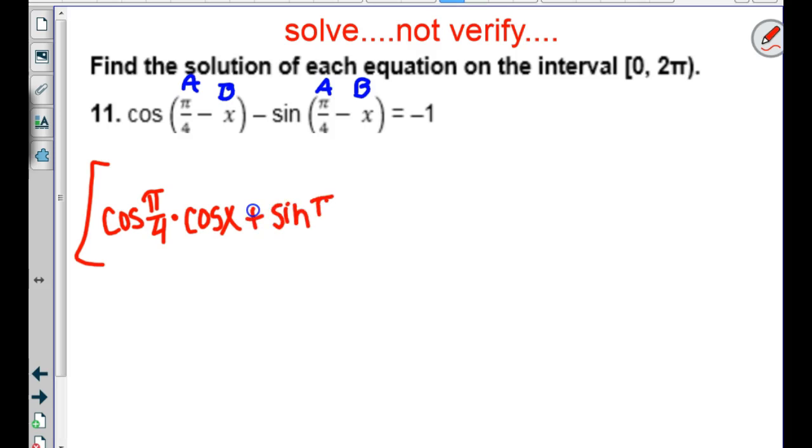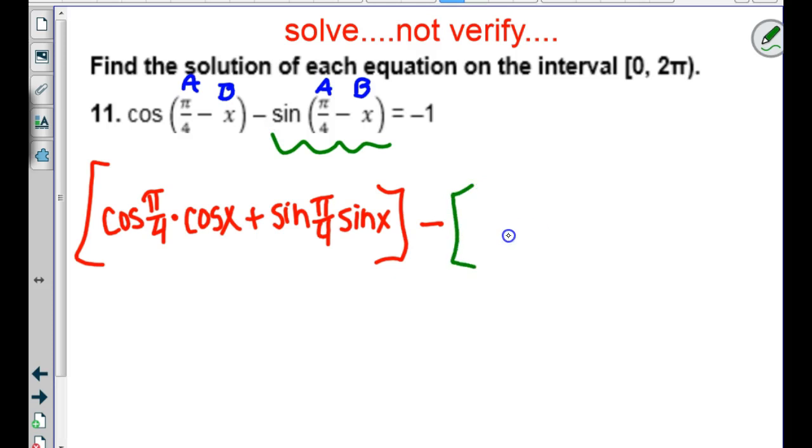Anybody lost? I took the blue sheet or the reference sheet, and for cosine A minus B, it says it's cosine times cosine plus sine times sine, and I put those in. Okay, then there's a big old minus in here. And now I'll do this one in green, just so you know where I got those numbers.